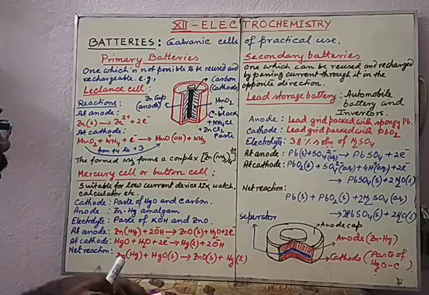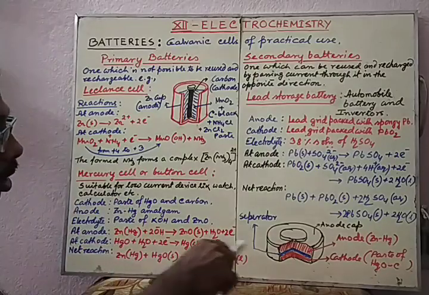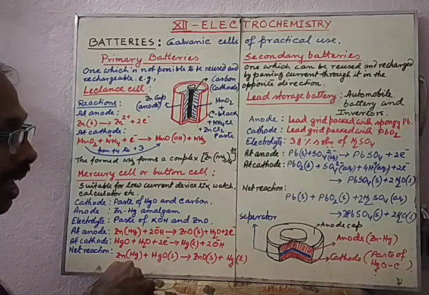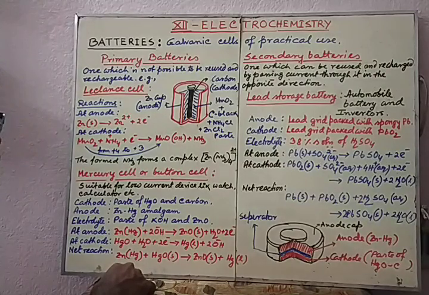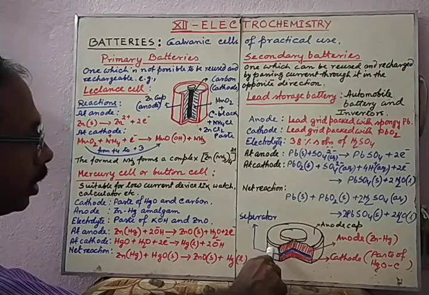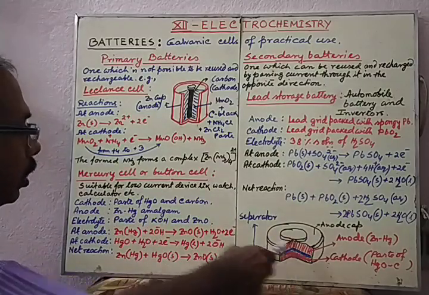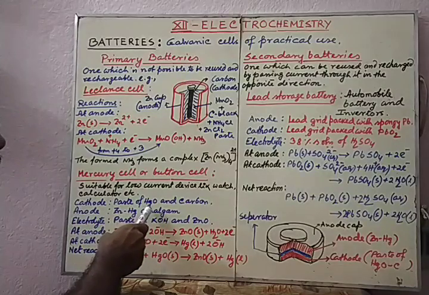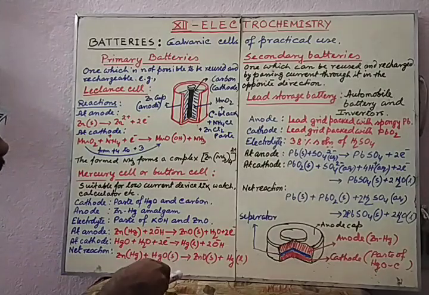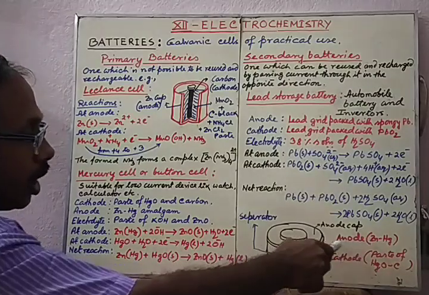Now another type of primary battery is the button cell or the mercury cell. This kind of button shaped cell is used in our calculators, in watches. Here you find that the cathode is made up of a paste of mercuric oxide and carbon. The anode is a zinc amalgam.